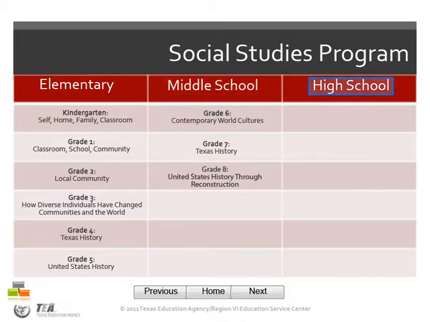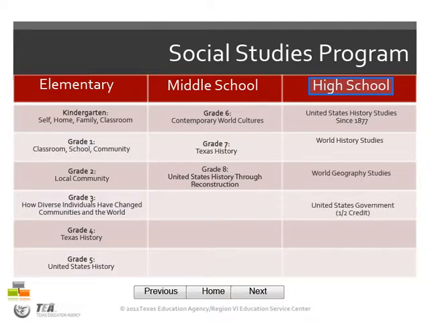The high school courses, which may be taught in any order, are United States History Studies since 1877, World History Studies, World Geography Studies, United States Government, and Economics. Social Studies also has 4 electives that can be offered in high school, and the order of high school courses is a district decision.